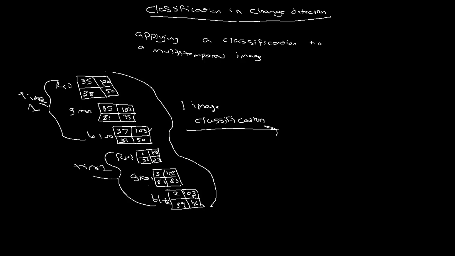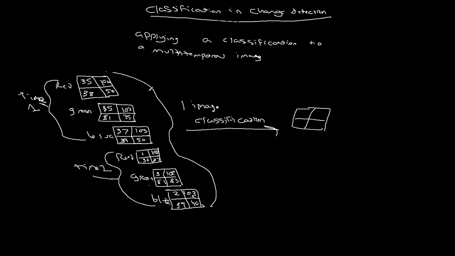We left off last time talking about what would happen to each one of these time periods separately. But now let's talk about what would happen when we put them together like we have and we run them through a classification algorithm. The nice thing with a classification algorithm is it takes these 6 bands and our output is just that one band, where the pixels are now classified into classes.